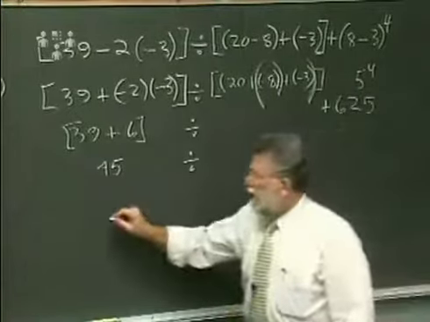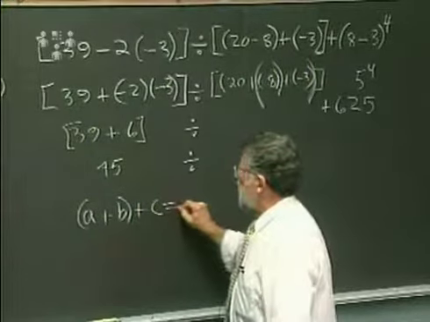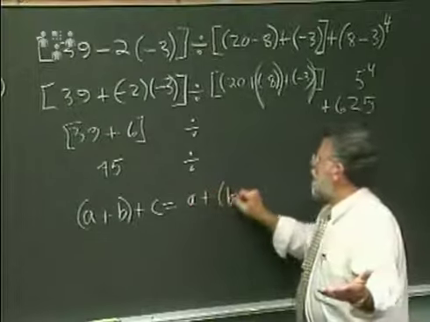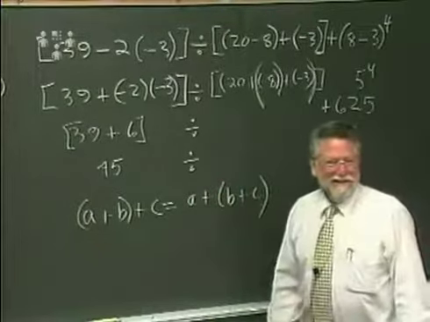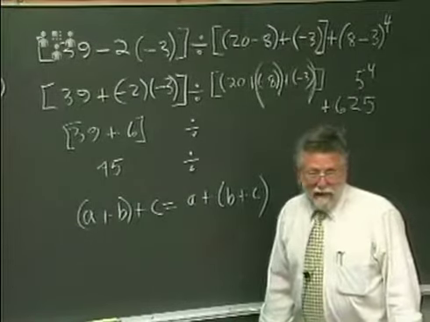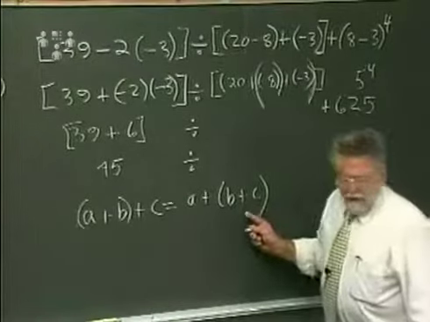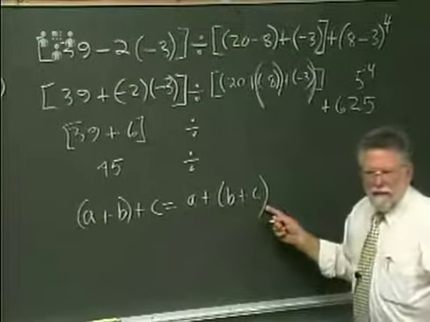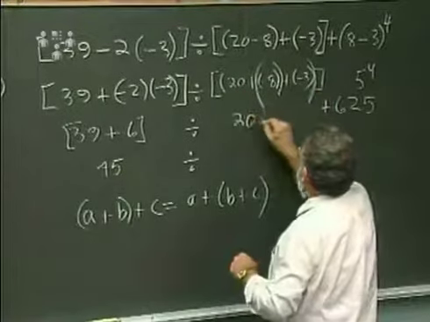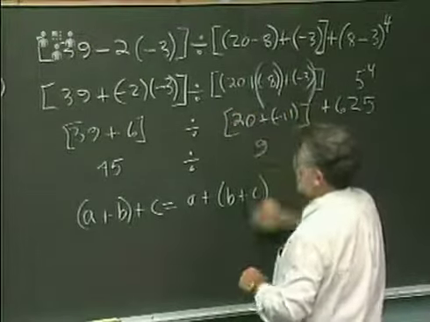May I remind you that A plus B plus C is equal to A plus parentheses B plus C. That was a property that you didn't write. Now, okay, so I could say this is just 20 plus negative 11, which is 9.